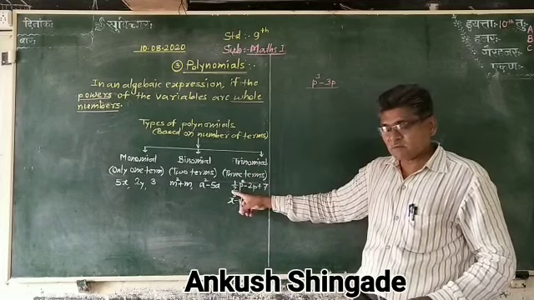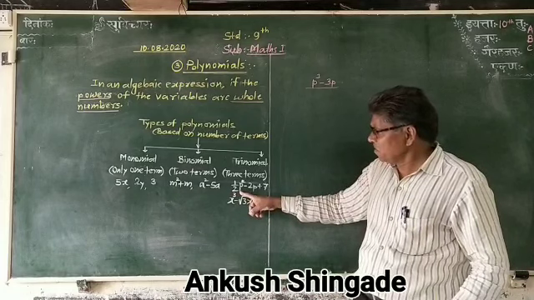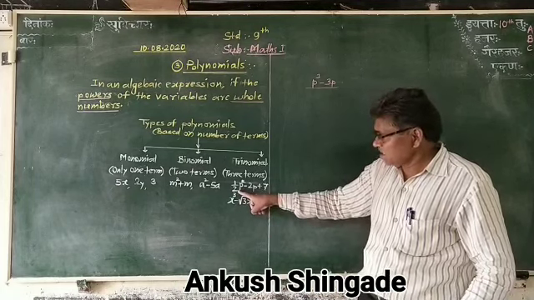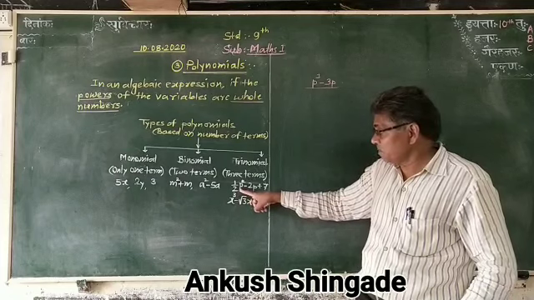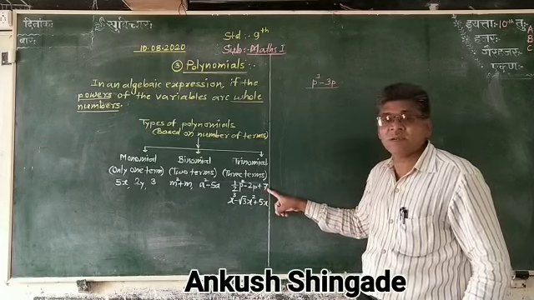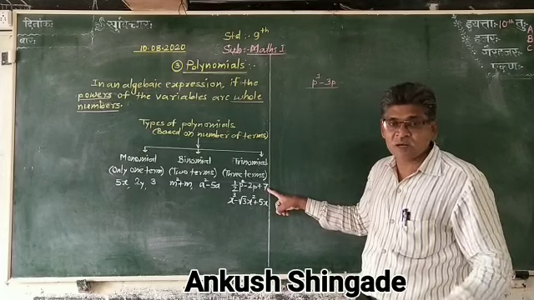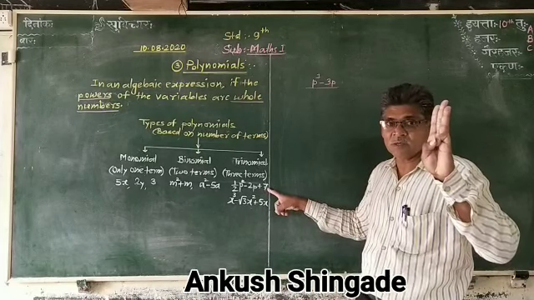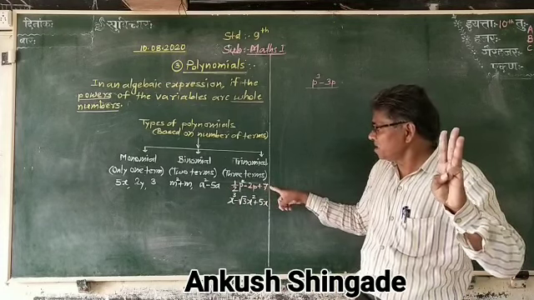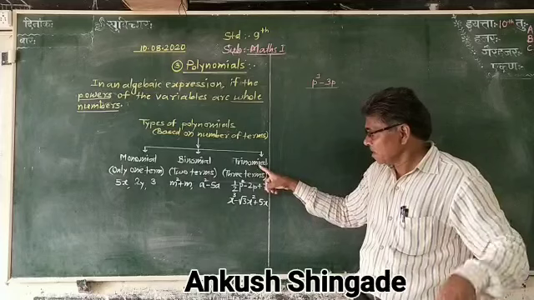For example, 1 upon 2p square minus 2p plus 7. 1 upon 2p square is the first term, minus 2p is the second term, and plus 7 is the third term. There are three terms. So this polynomial is a trinomial.